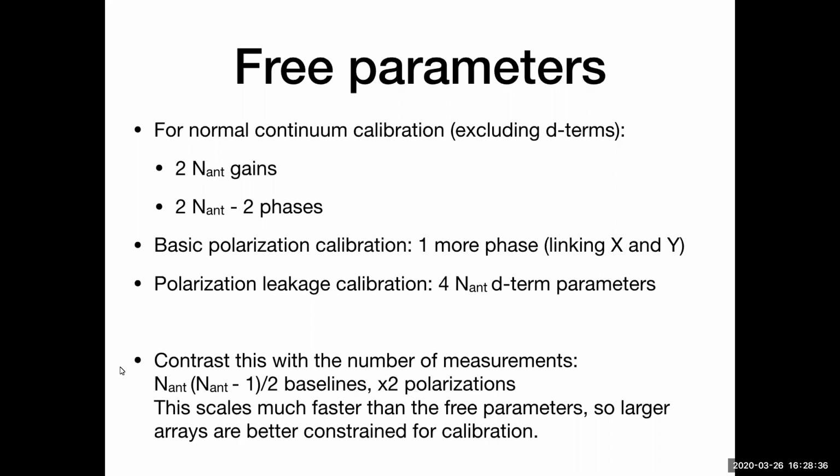And so this becomes very good because solving for all of these unknowns for the calibration process is better constrained, so the errors in the calibration get smaller effectively. You have better signal to noise in your solutions. And so this is why the larger the array, the better the calibration quality tends to be automatically.